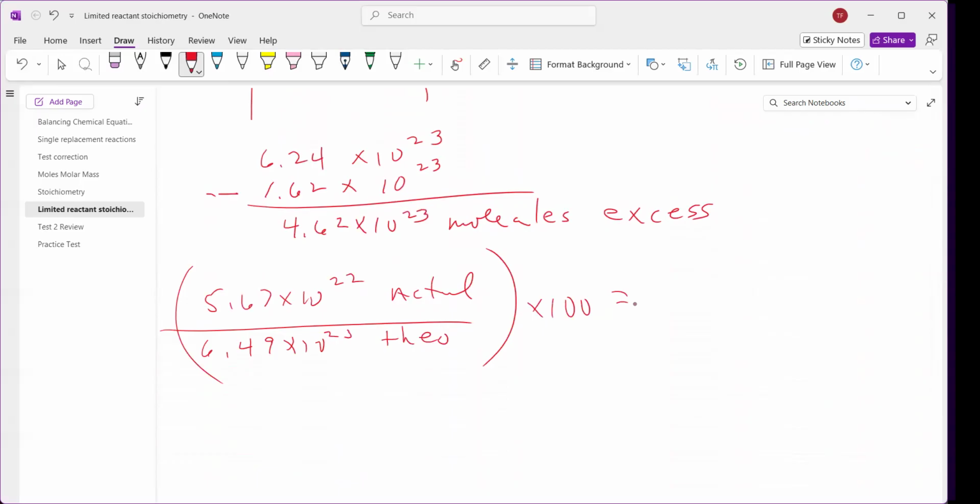Now, when you're dividing and multiplying, you don't have to make the exponent the same. Only if you're adding or subtracting. So that's 8.7%.